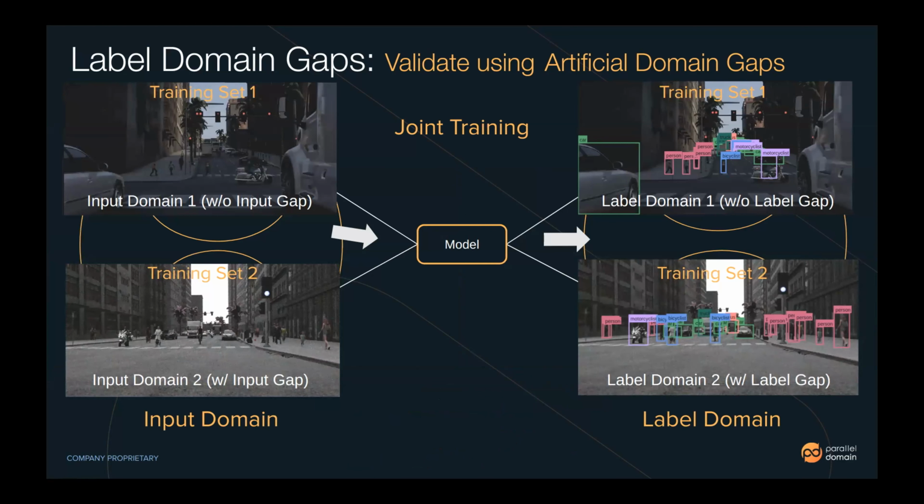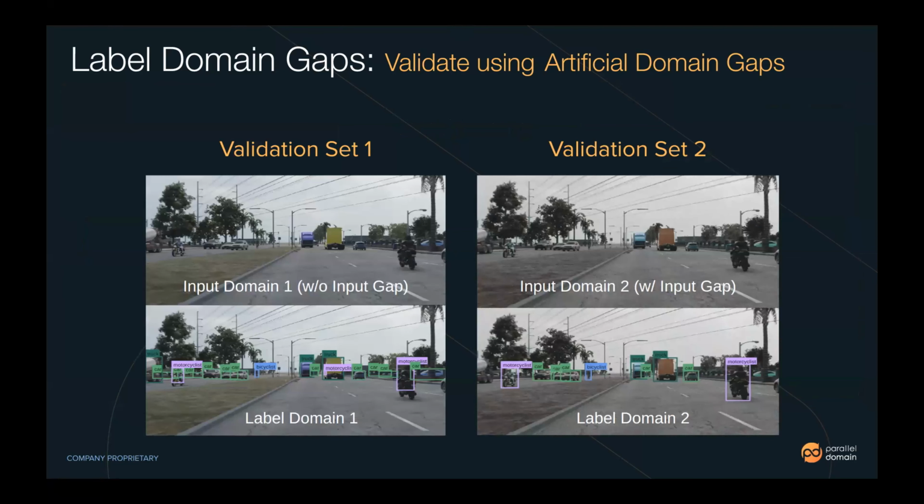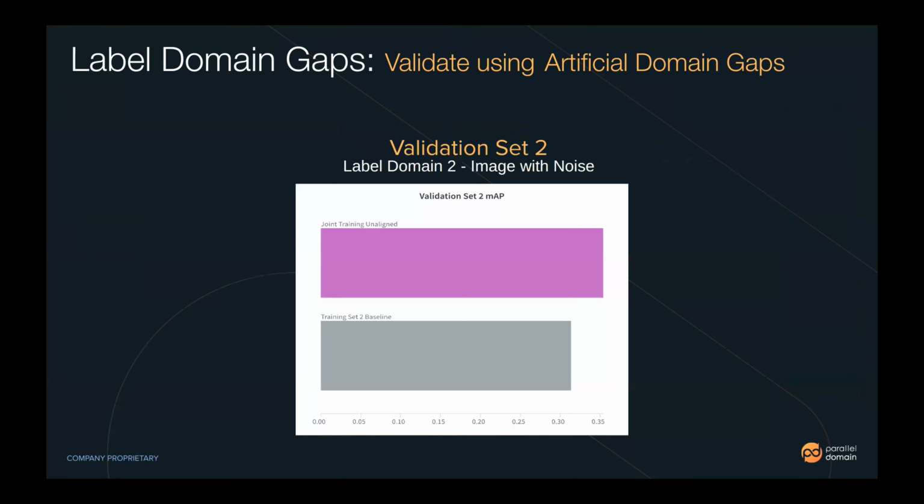And what we did first then is train a model only on this training set 2, and then once by just throwing both data sets together. And for validation, we just generated 2 validation sets that are actually the same images. Just once we kept images clean and took the label spec 1, and the other time we made them noisy and took the other label spec, just so we can measure on which data set it's performing better.